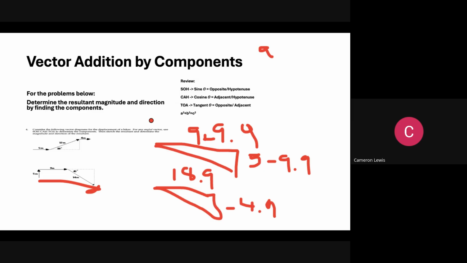A squared plus B squared equals C squared. 18.9 squared plus negative 4.9 squared. If you estimate that 4.9 is about 5, it should be around 25.